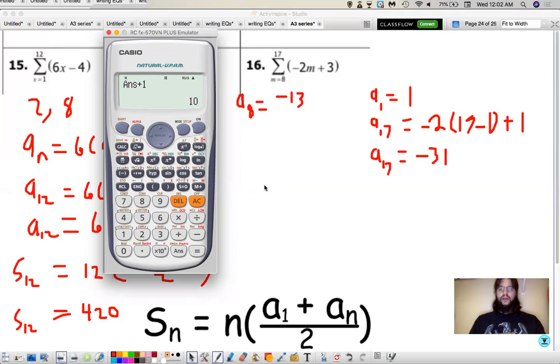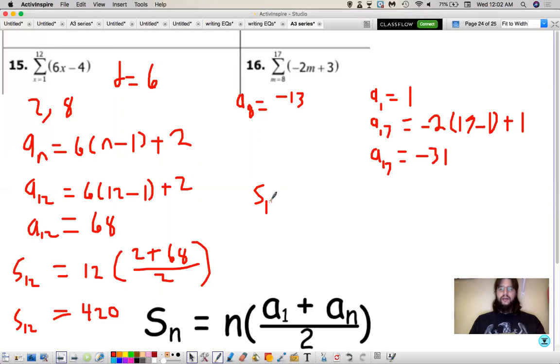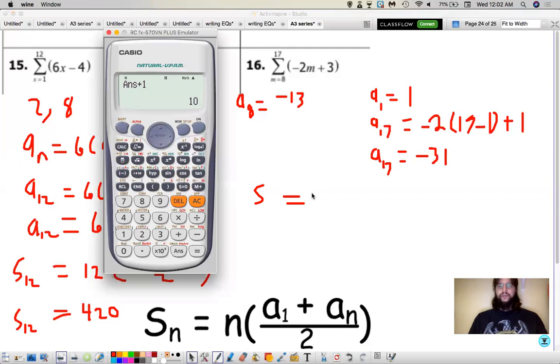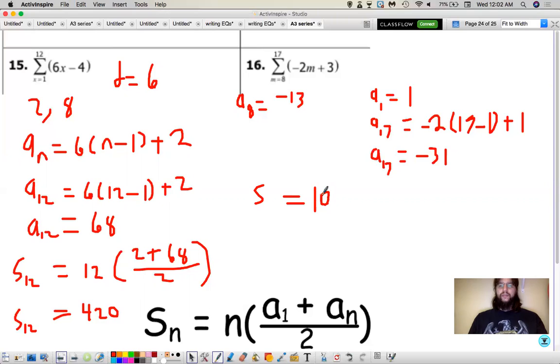So this should work. The sum, let's just go with the sum, I don't even know what number to put here right now because I'm mixing all kinds of things up, is equal to 10 times my starting plus my ending, over 2.